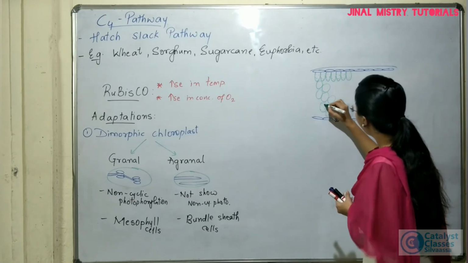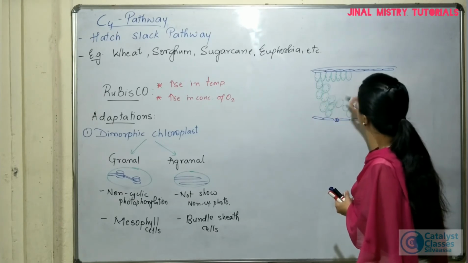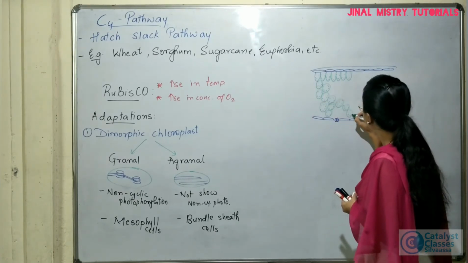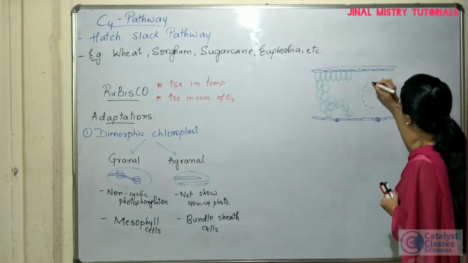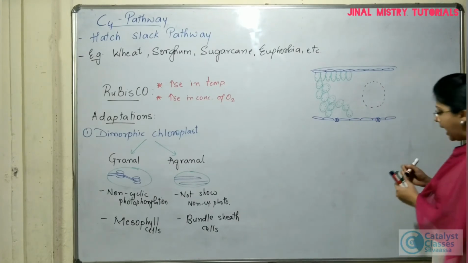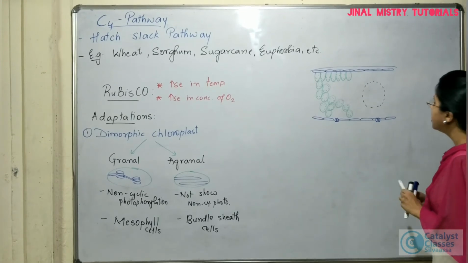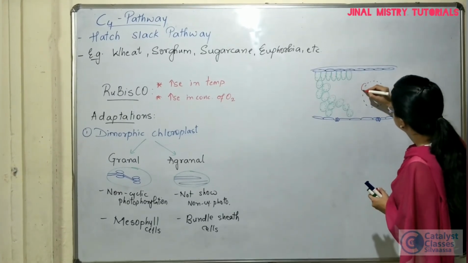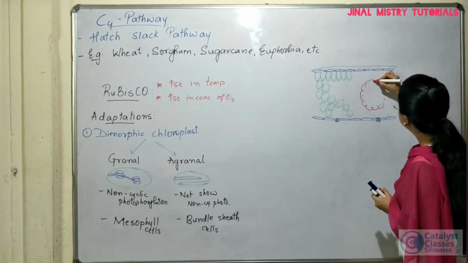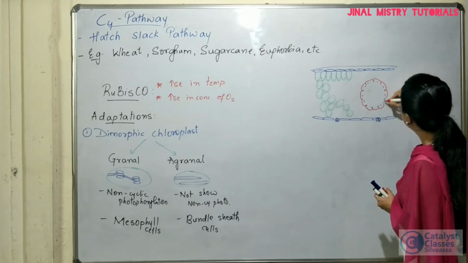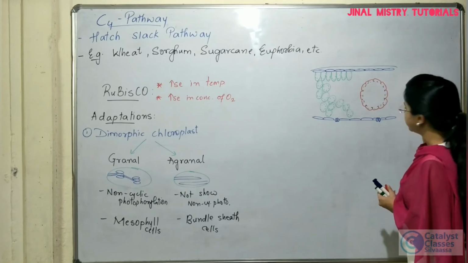Both types of cells are found in the mesophyll of these monocotyledonous plants. And here there will be the vascular bundle. Surrounding these vascular bundles are large cells called the bundle sheath cells. So these are the bundle sheath cells present.